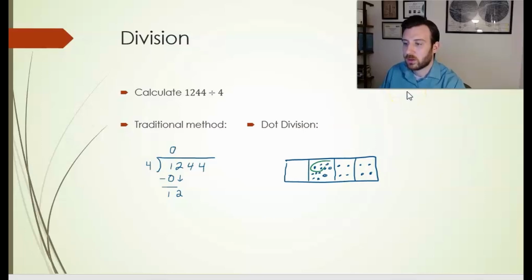A group of 4 here, a group of 4 here, and a group of 4 here, creating 3 total groups of 4. If we return to our traditional algorithm, we can see that that's exactly what we did with these symbols. We started with just the 1 in the very beginning and saw that there were no 4s that could be grouped out of that 1.